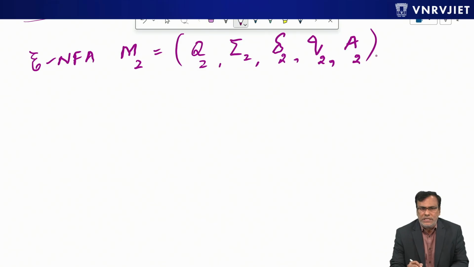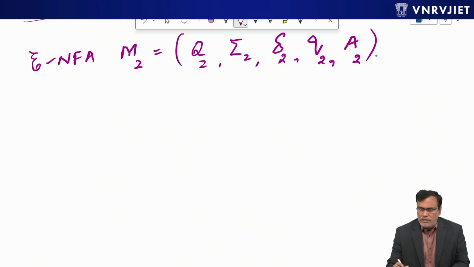We know the basic difference between epsilon NFA and NFA. In epsilon NFA, we will have transitions on epsilon. But in NFA, we won't have transitions on epsilon. That is the basic difference between NFA and epsilon NFA. Now, what is the difference in the input alphabet?